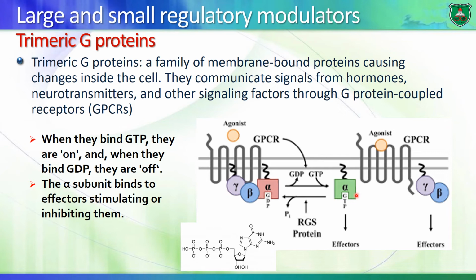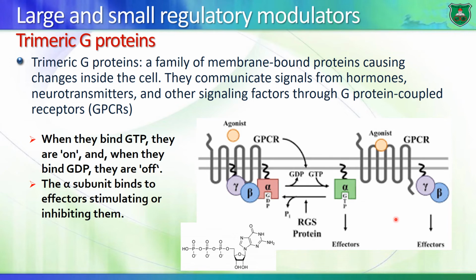Okay, so it's larger than cyclic AMP. So what the alpha subunit does is that it binds to receptors, it binds to enzymes, activating them. Now beta and gamma subunits can also bind to other effectors in some systems.